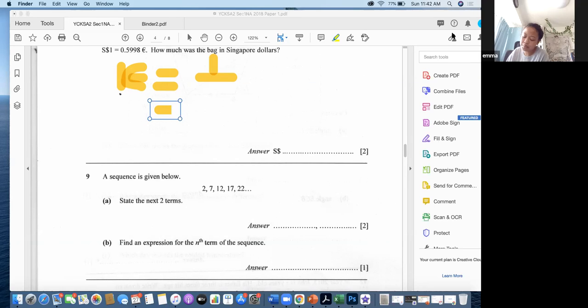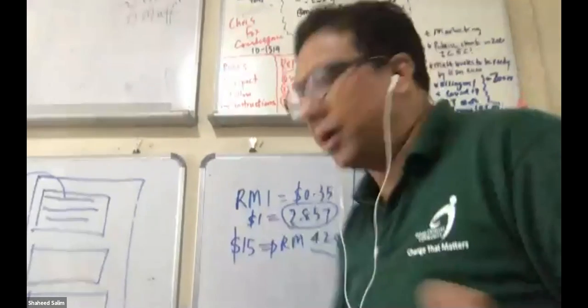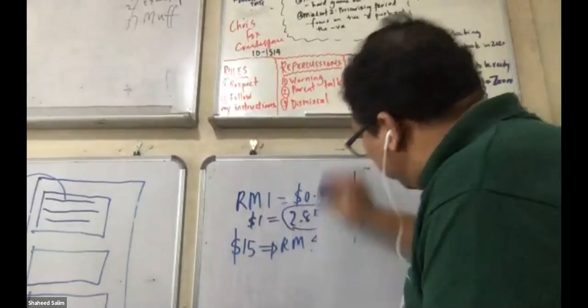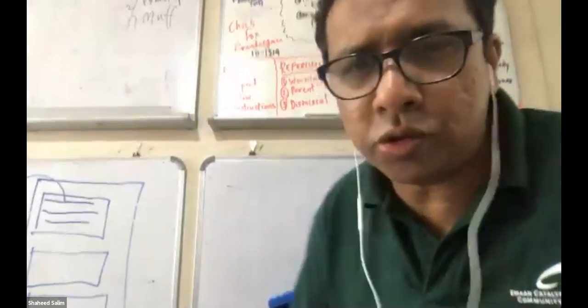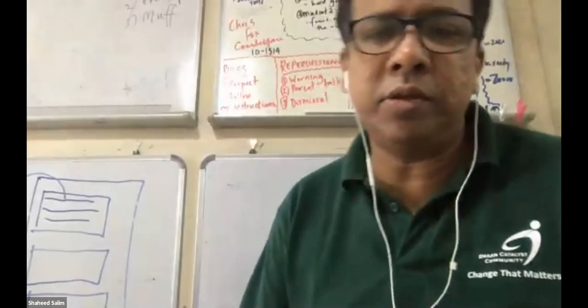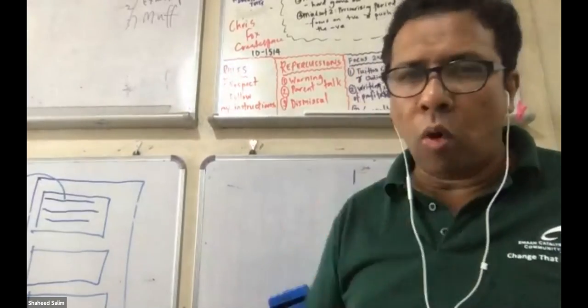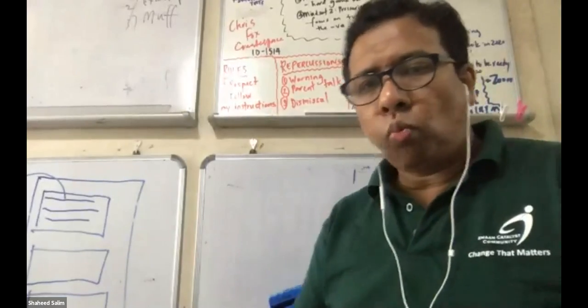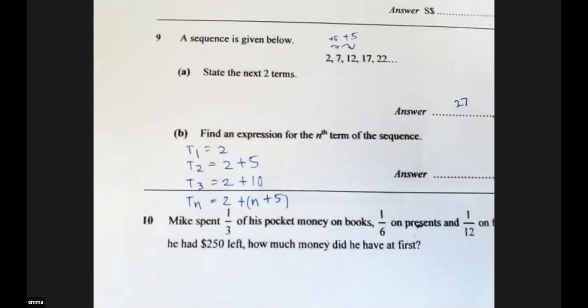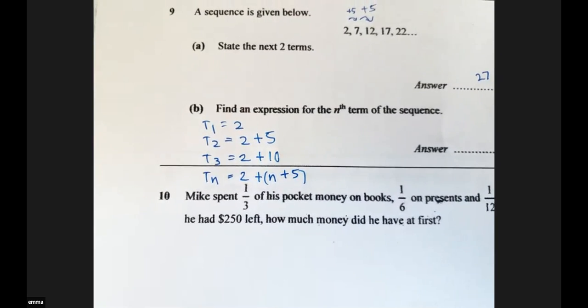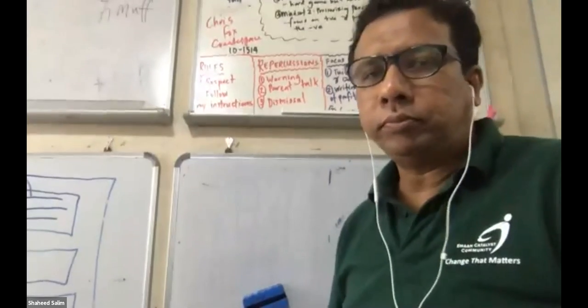2 plus bracket n plus 5. I'm going to write it down now. Sorry, can you show me what you have written? Let me see. Okay, thank you very much.